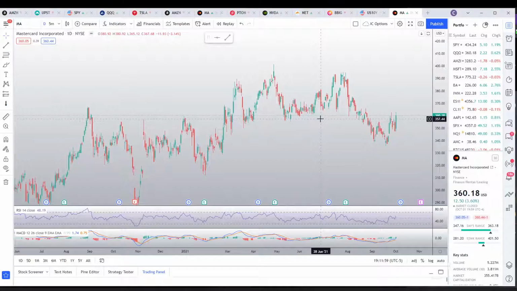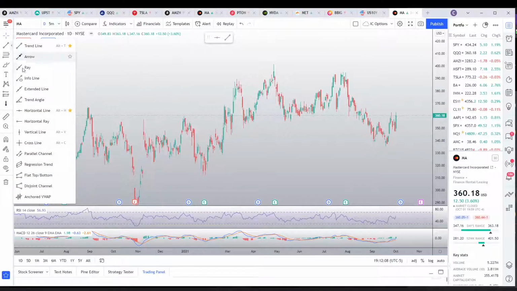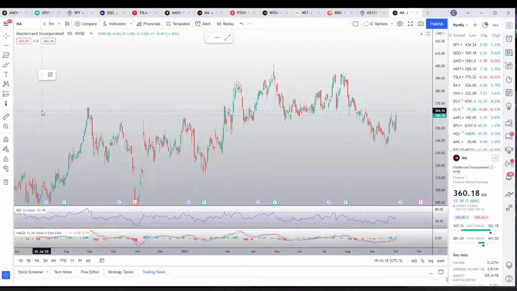So you can either use that or you can use your own. Okay, so I'm just going to look at a naked chart here. I'm going to take the horizontal line right here on your left. These are the horizontal lines and all the lines, trend lines, etc. But I'm going to use a simple horizontal line and look at where it has been rejecting.